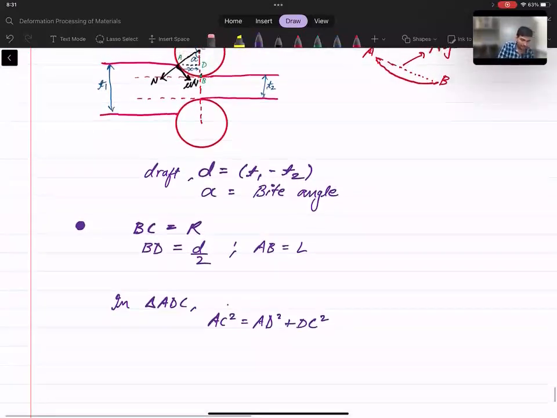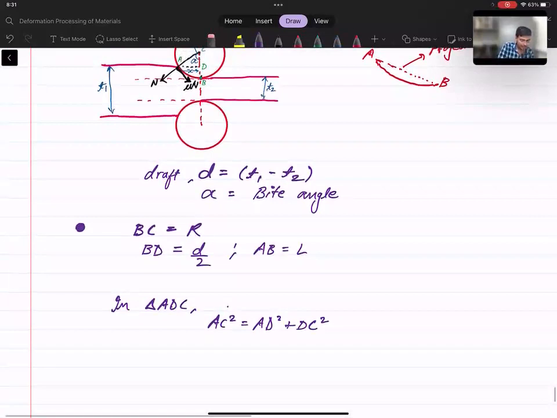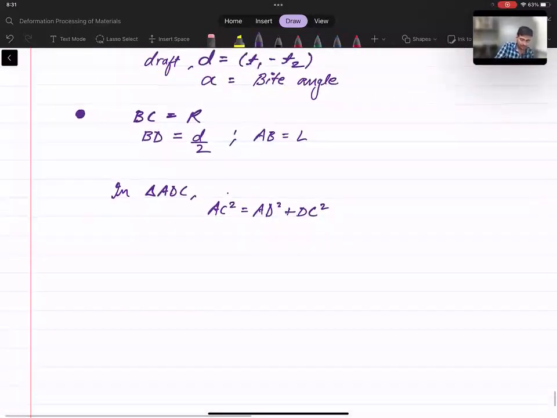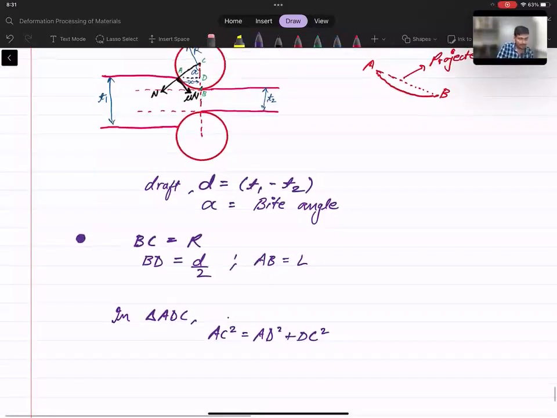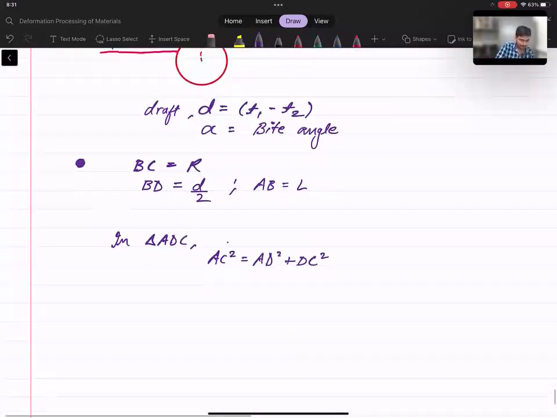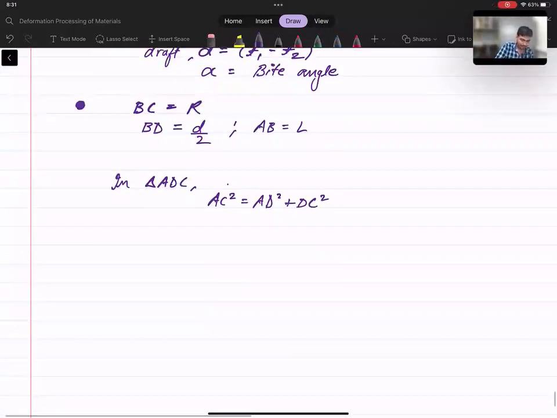And we have seen that AD is written as X here, and DC will be BC minus BD, where BD is D by 2.